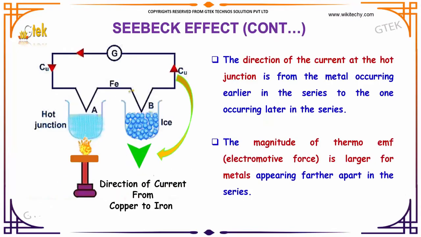The direction of current at the hot junction is from the metal occurring earlier in the series to the one occurring later in the series. The magnitude of the thermo EMF is larger for metals appearing farther apart in the series.